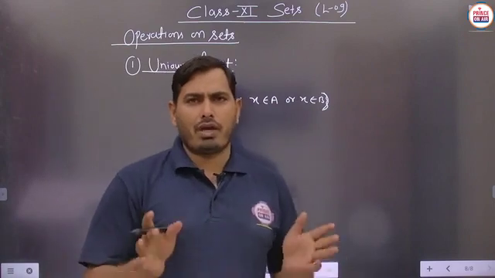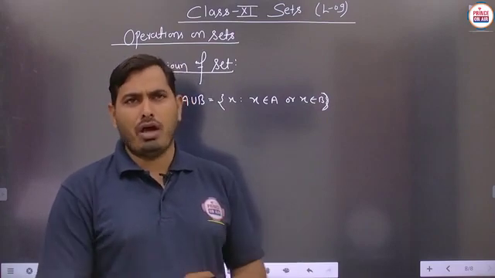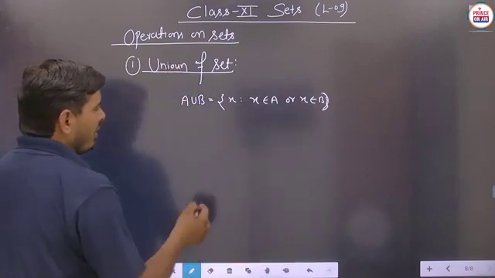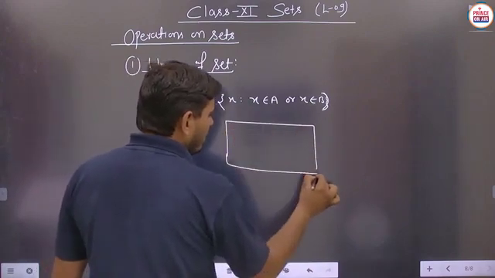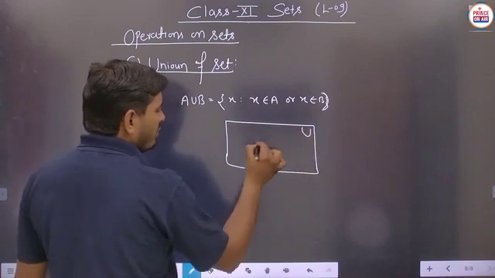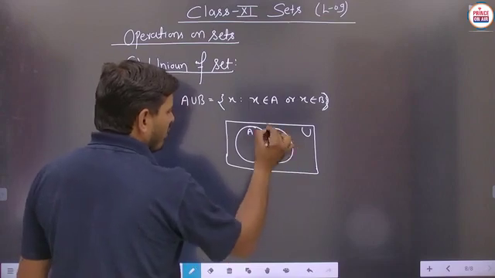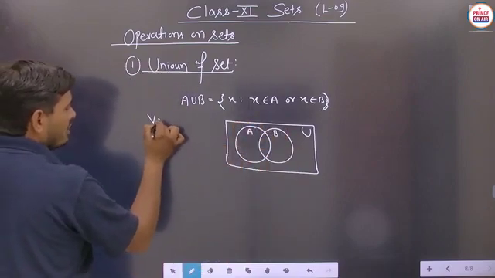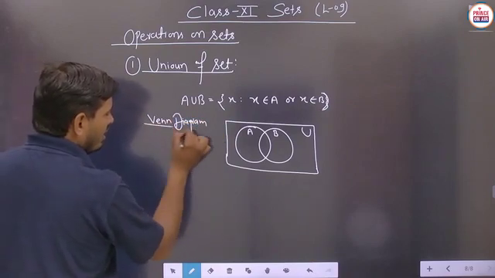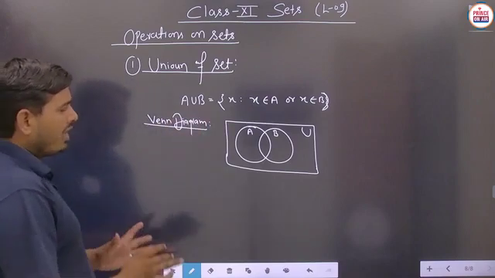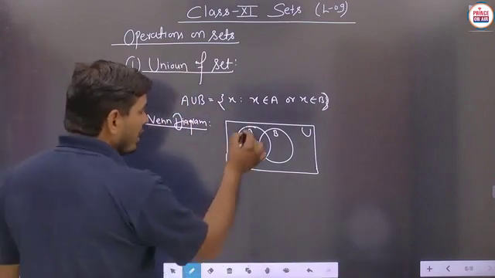Means all the elements of A and B are joined in a particular set, and that type of set is said to be the union. We also have to plot the Venn diagram for this part. Suppose this is the universal set, this is any set A and this is any set B. That was the mathematical definition, and the logical Venn diagram for this operation means we include all the area related to sets A and B, because we are not leaving out any element.